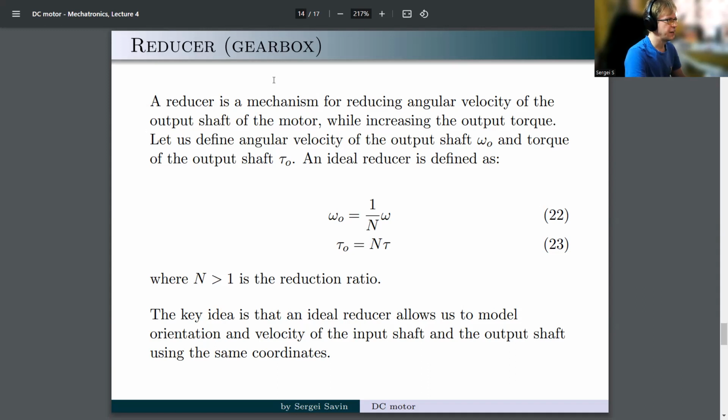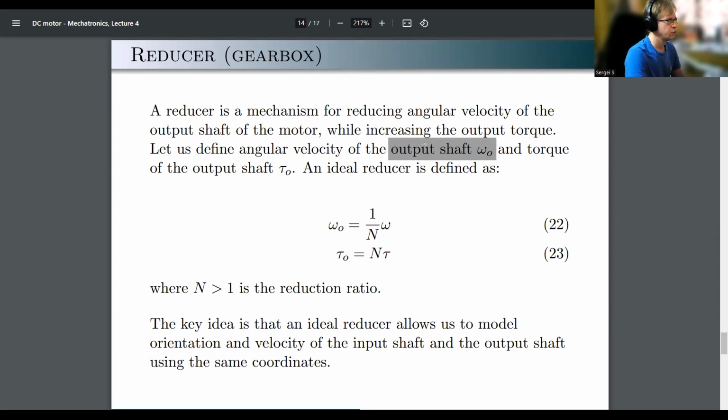Let us define the angular velocity of the output shaft as omega sub O, and the torque of the output shaft as tau sub O. An ideal reducer acts in this fashion.